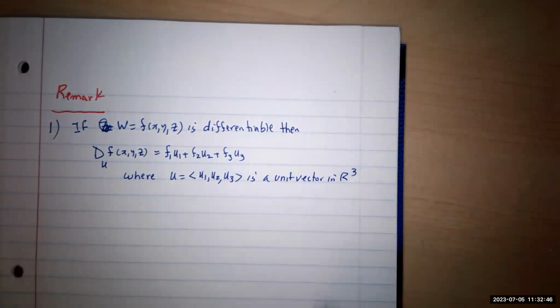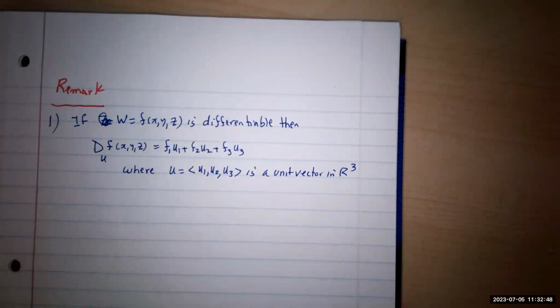We know the notation f1, f2, f3; we used it before. Those are partial derivatives. You have it in your practice one, so you have the solution. Just check it and make sure you are familiar with the notation. And again, u must be a unit vector, so if you need to, you are going to change it. So that's going to be one. Any question? The other one is going to be the interpretation of this formula.